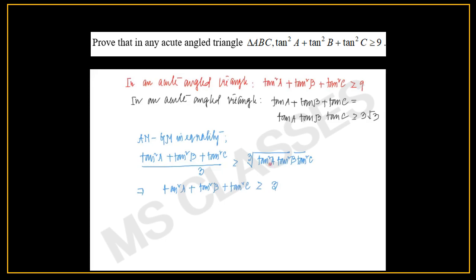Now this one we know is always greater than or equal to 3 root 3, so this whole value is greater than or equal to this one. So when it is minimum, definitely it is greater than that one. So here we can utilize that value, that is 3 root 3 to the power of 2 by 3. Now simplifying, we get 3 to the power of 3 by 2 into 2 by 3, that is 3 into 3, which is 9.